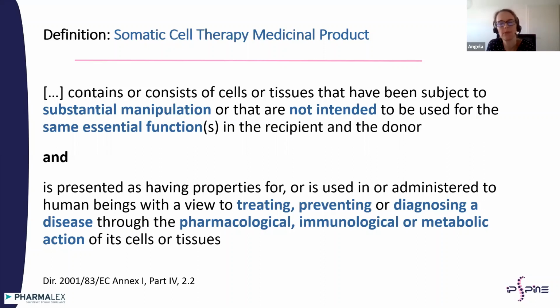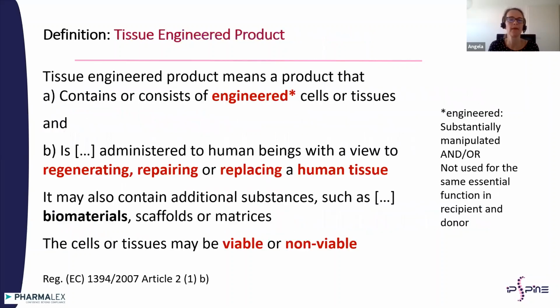If you remember, this was exactly the definition that we had for medicinal products in general. So this applies to both the somatic and the tissue-engineered products. So I personally found this definition quite disappointing because it does not really give any clue to the distinction from the tissue-engineered medicines. So let's take a look at the second group, the tissue-engineered products.